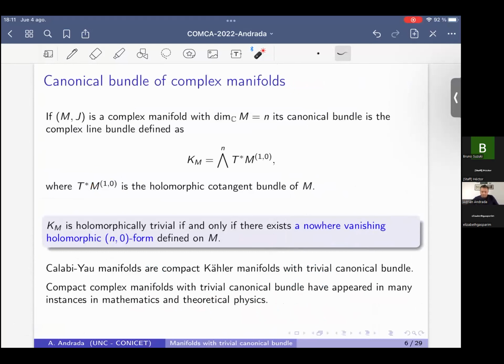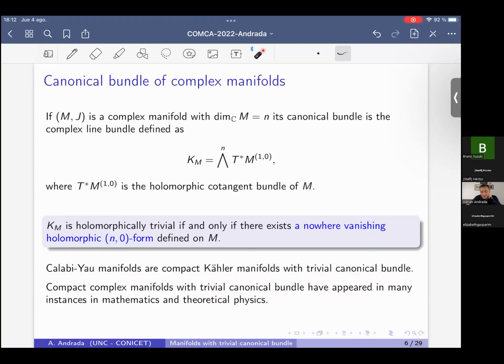So in particular, this is what is written here. Calabi-Yau manifolds are compact Kähler manifolds with trivial canonical bundle. But compact complex manifolds with trivial canonical bundle, which are not necessarily Kähler or Calabi-Yau, have appeared in many instances in mathematics and theoretical physics now.